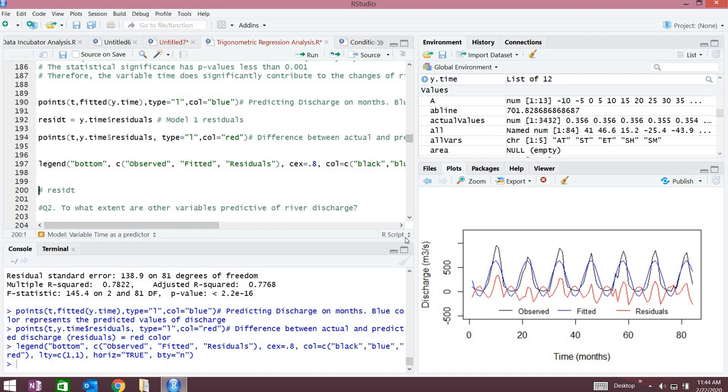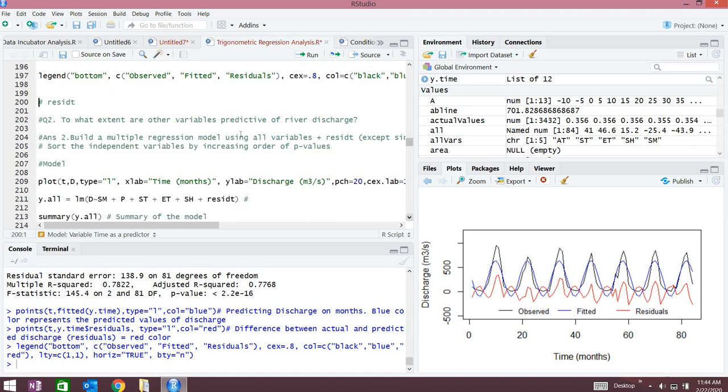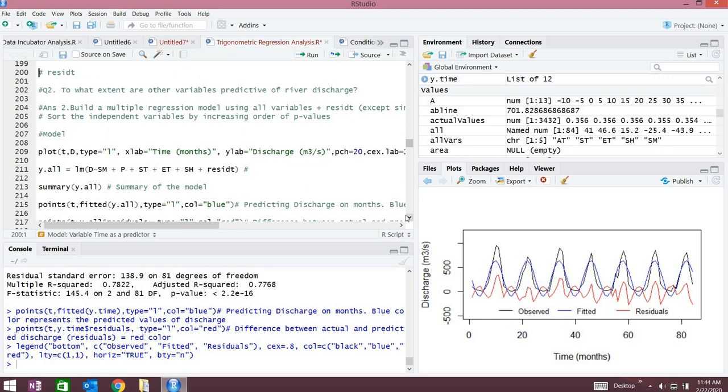Okay, so now question 2. To what extent are other variables predicted for river discharge? So now we need to build a model including the residual of our time-based model. This is the residual.